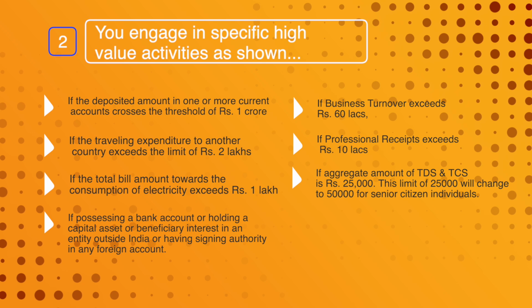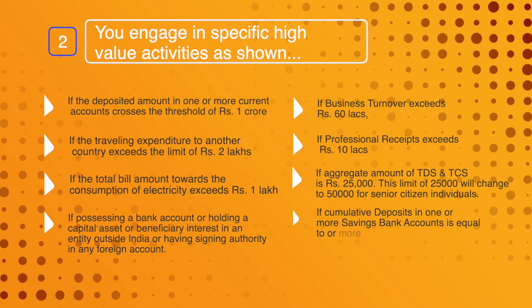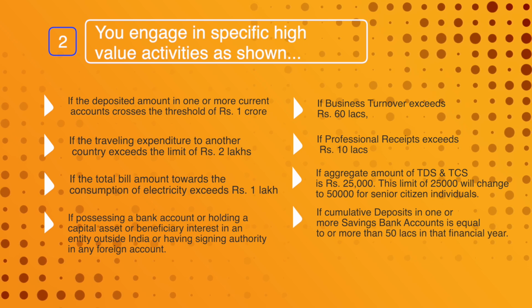This limit of 25,000 will change to 50,000 for senior citizen individuals. If cumulative deposits in one or more savings bank accounts is equal to or more than Rs 50 lakhs in that financial year.